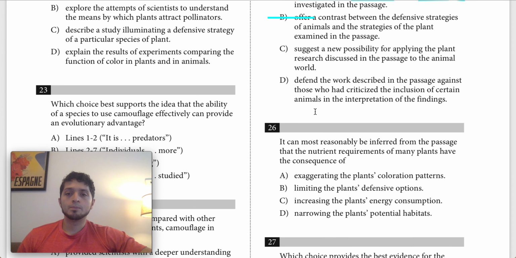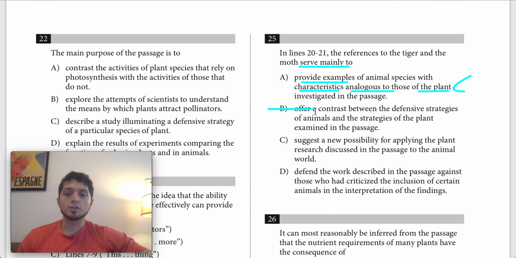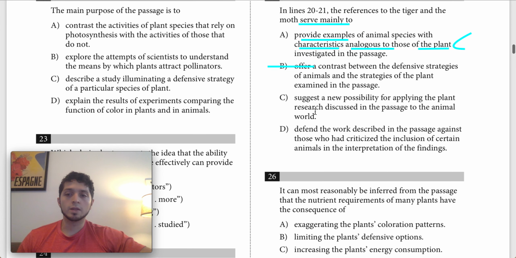C says that the references serve to suggest a new possibility for applying the plant research discussed in the passage to the animal world. So this might make sense if we had the findings or the study of the plant, and whatever findings we took from there, now the author is saying let's apply those to the animal world, and they'll give us insights into tigers, and it may give us insights into the moth or other animals that use camouflage.